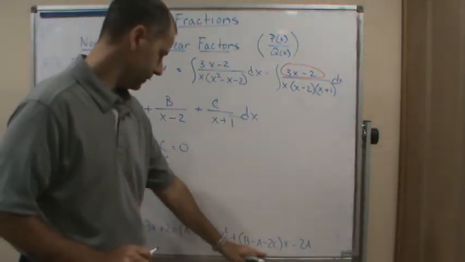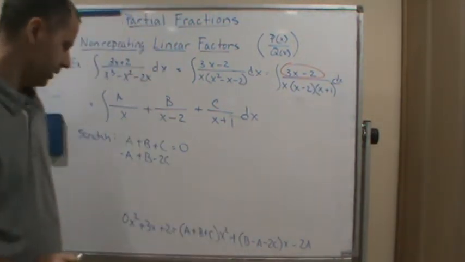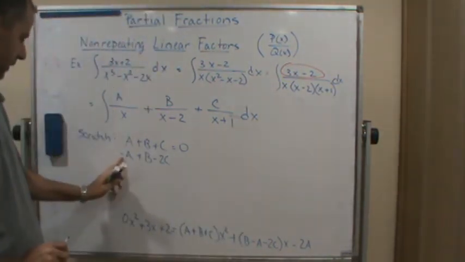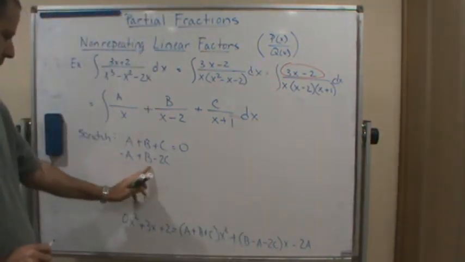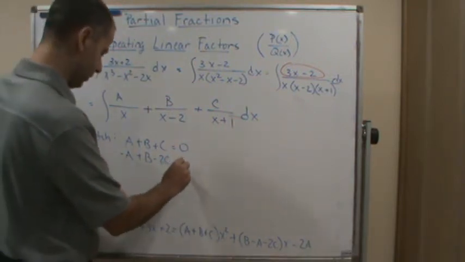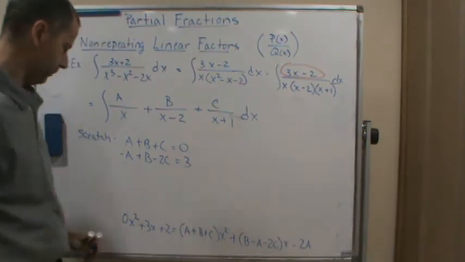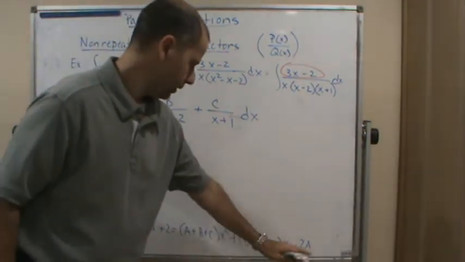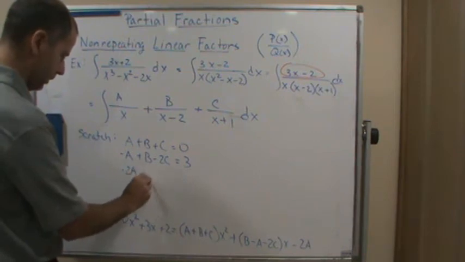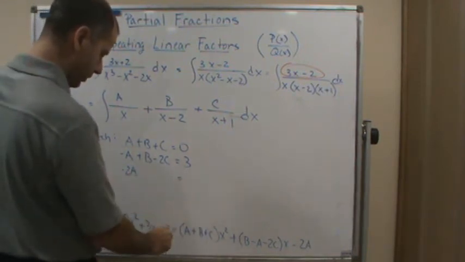So b minus negative a, or excuse me, b minus a minus 2c, so I just flipped it, made this negative a, plus b minus 2c has to equal 3. And then negative 2a has to equal 2.